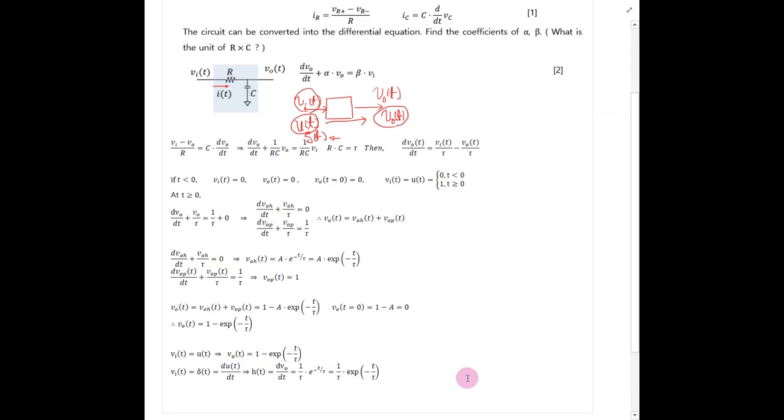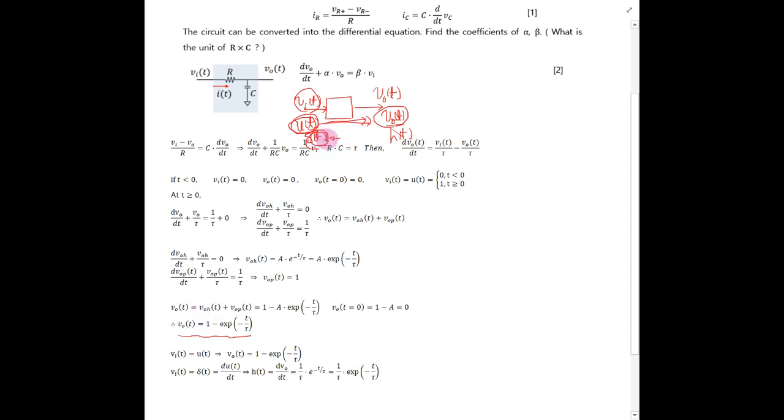Okay, now we have the impulse response. So we didn't directly calculate the impulse response from these differential equations, but indirectly we can find it. First, we tried the unit step and figured out the step response from here. But we would like to know the impulse response.